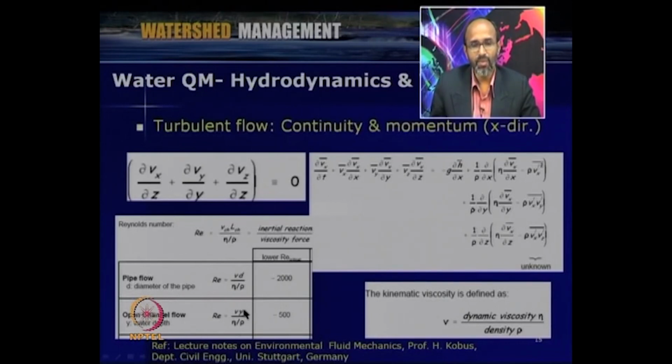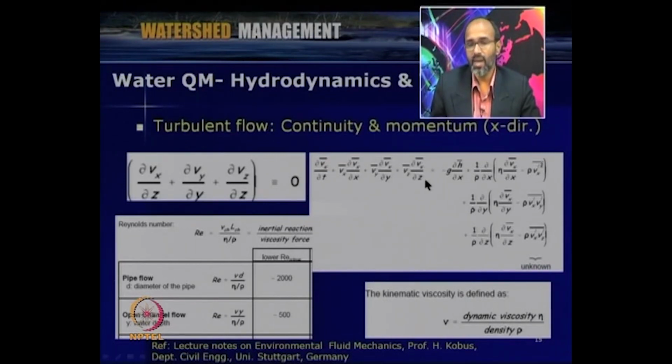As far as open channel flow is concerned, up to 500 we consider as laminar, and above that we consider turbulent flow conditions, and then we have to use the specific type of equations for laminar or turbulent flow conditions.